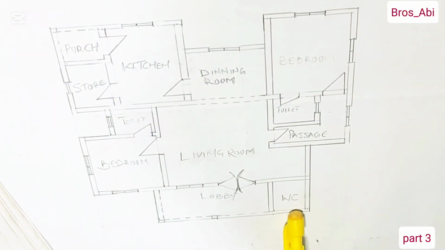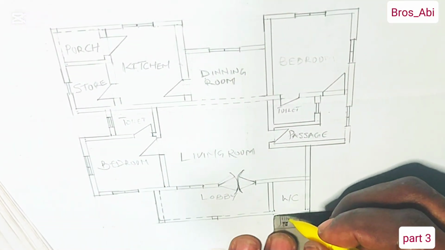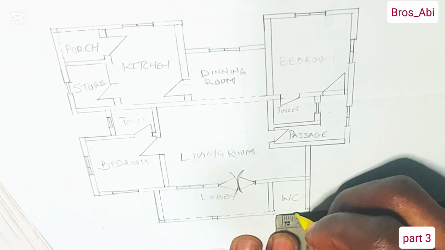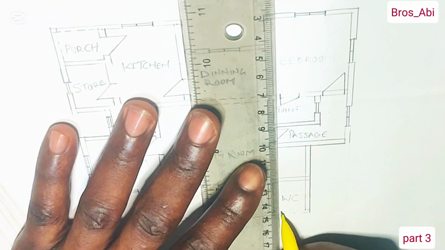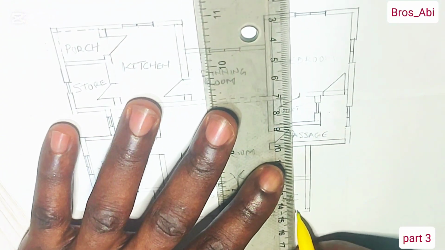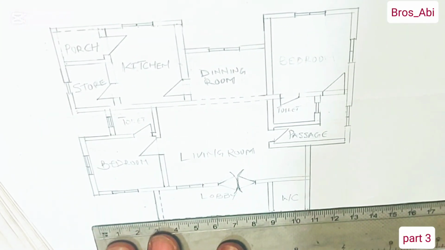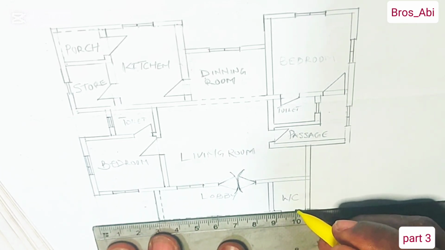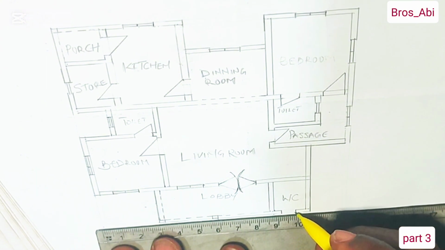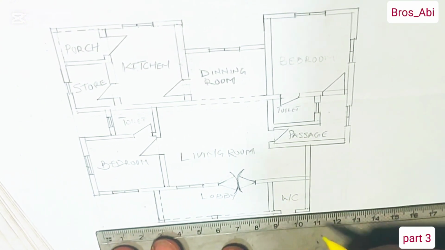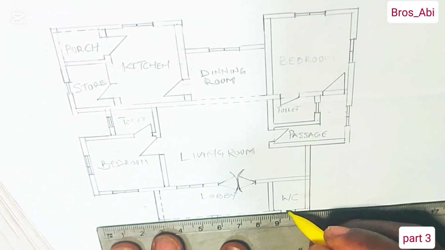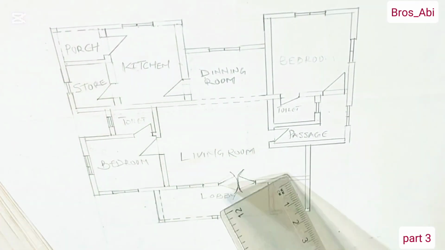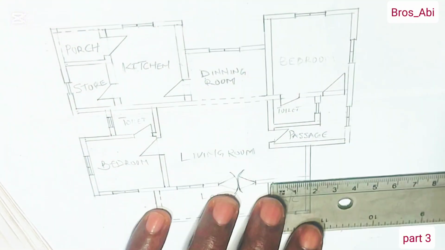Now left with the last window. This is 0.6. So now then the door for the WC 150.